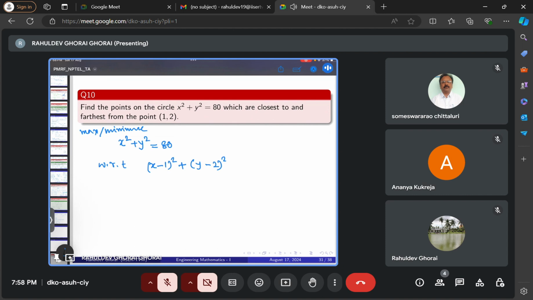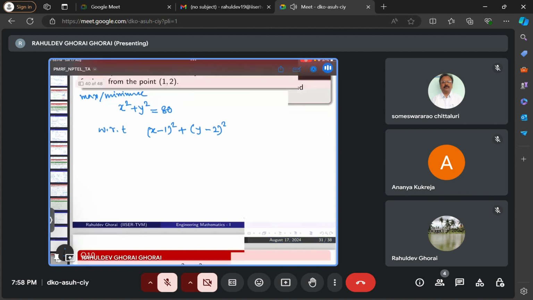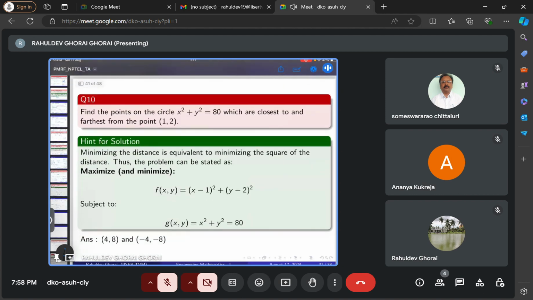So (x minus 1) whole square plus (y minus 2) whole square, with respect to this function, right?